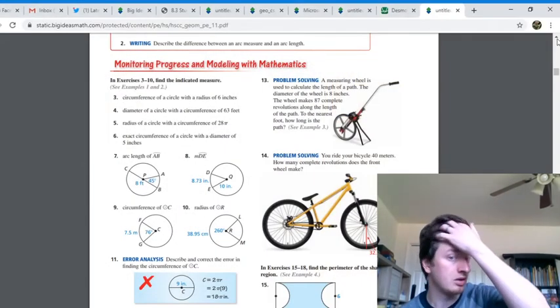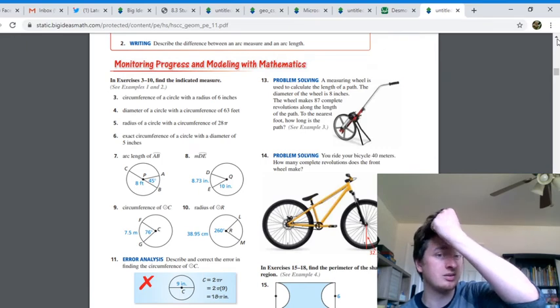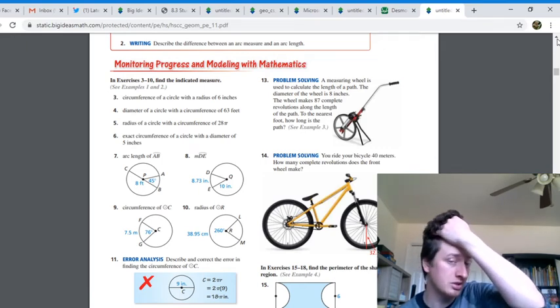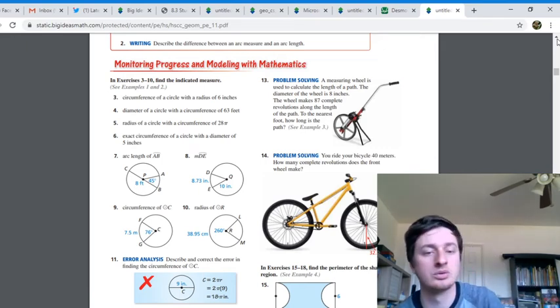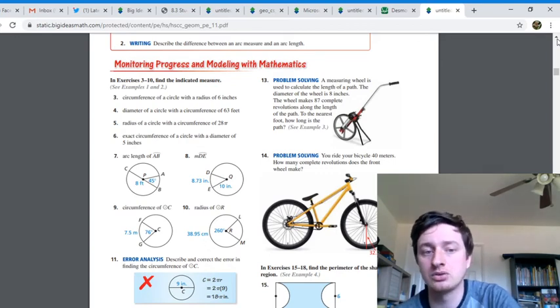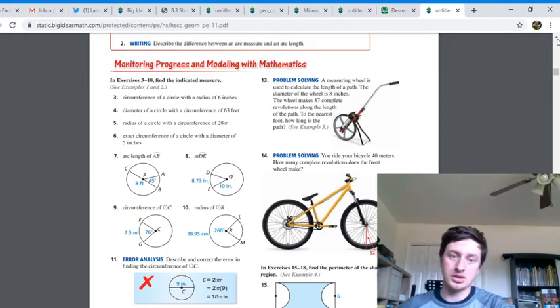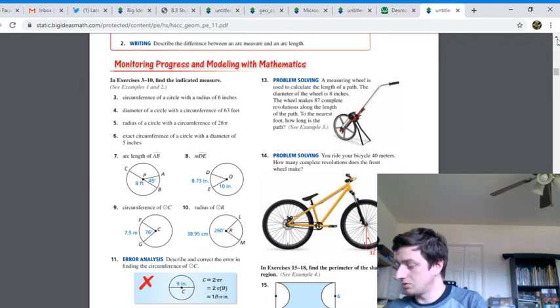Let's see. Back to that. Then number 8 wants to find the measure of DE. So that's asking for the angle, not the arc length. It has the arc length. The arc length is, notice this number, 8.73 equals, we don't know what the angle is, divided by 360 times, the radius is 10, so 2 pi times 10.